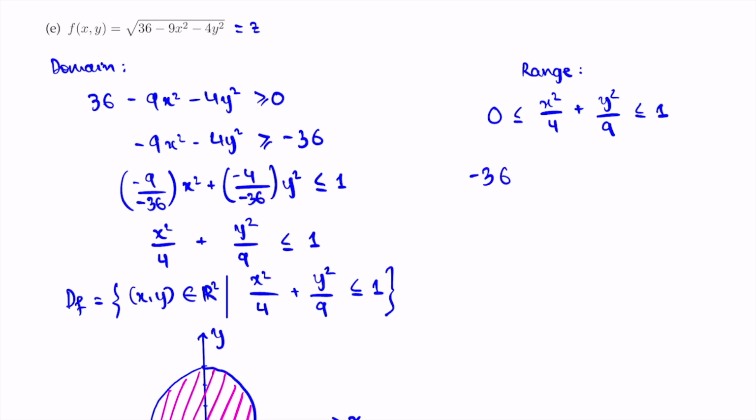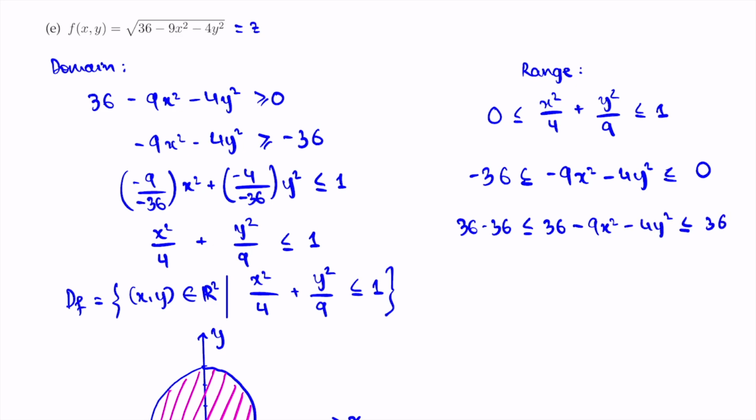So I have negative 36 less than or equal to negative 9x squared minus 4y squared less than or equal to 0. And to get 36 minus 9x squared minus 4y squared, I'm going to add 36 to every term in the inequality. And I get 36 minus 36 less than or equal to 36 minus 9x squared minus 4y squared less than or equal to 36.